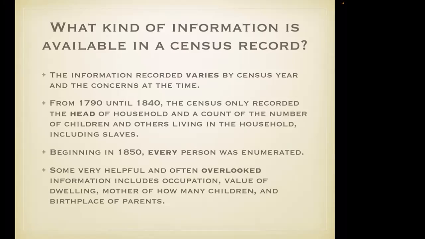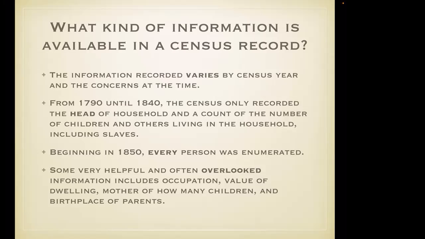So from 1790 until 1840, the censuses only recorded the head of the household. They had a count of the number of children, and these were typically broken out by 0 to 5, 5 to 10, 10 to 15, and so on. And then up to 10 to 20, 20 to 30, and so on.